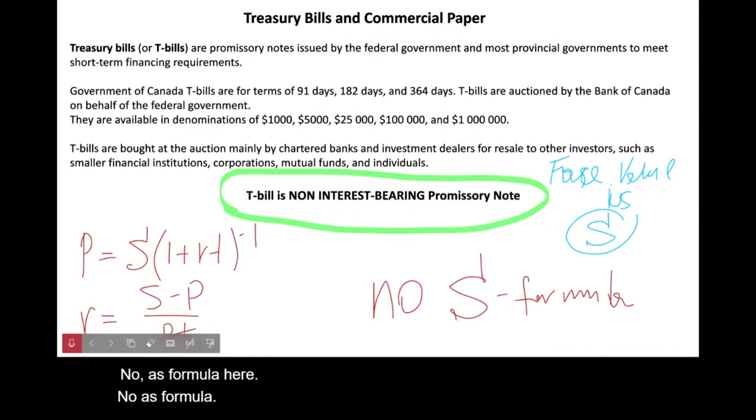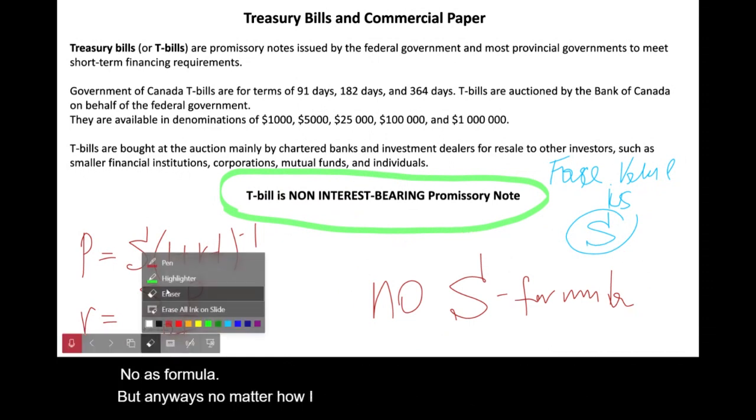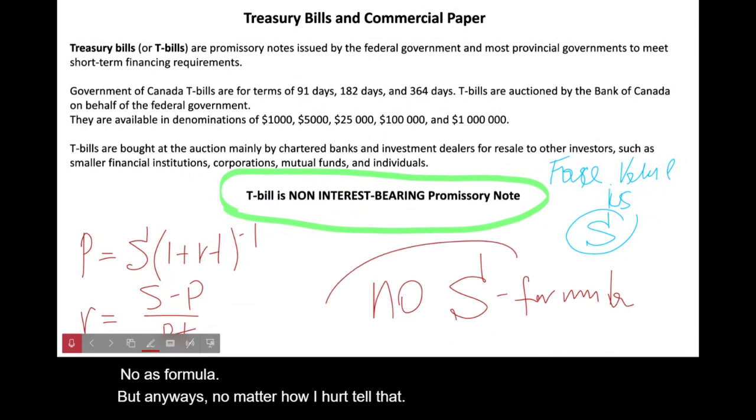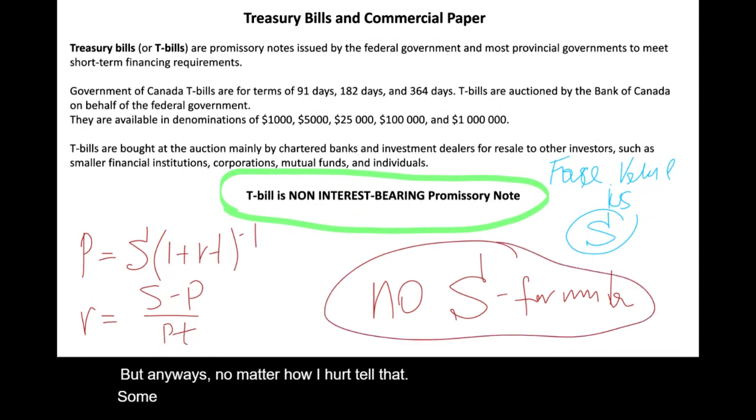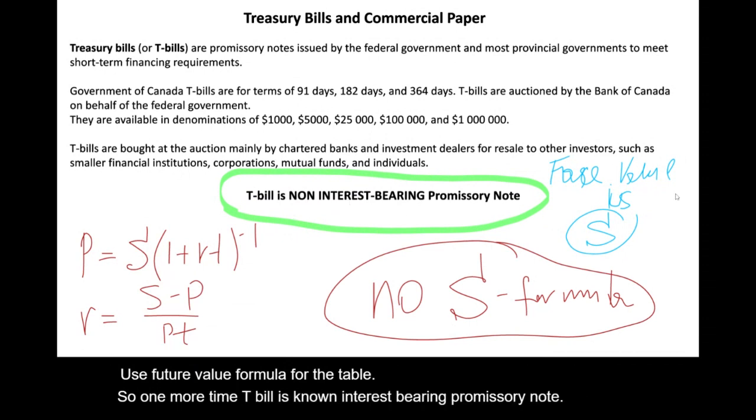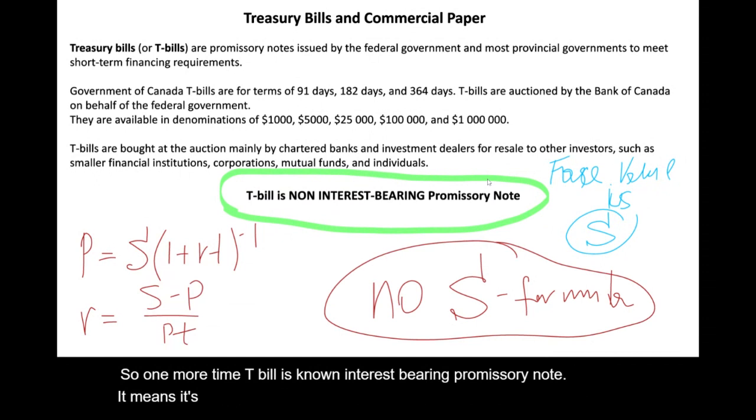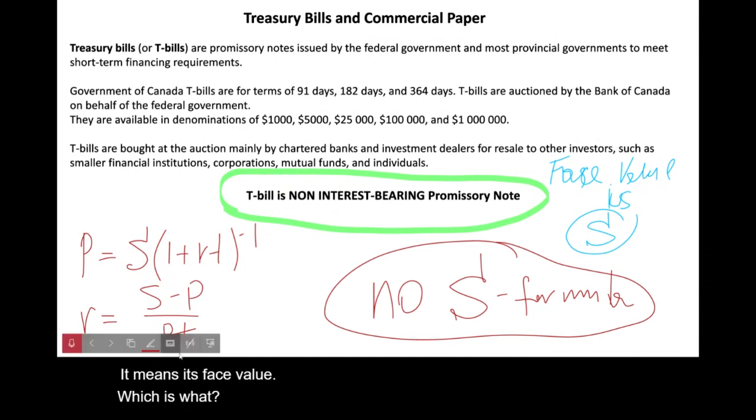But anyways, no matter how hard I tell that, some people, usually who are not in class, use future value formula for the T-bill. So one more time, T-bill is a non-interest bearing promissory note. It means its face value, those numbers, right?